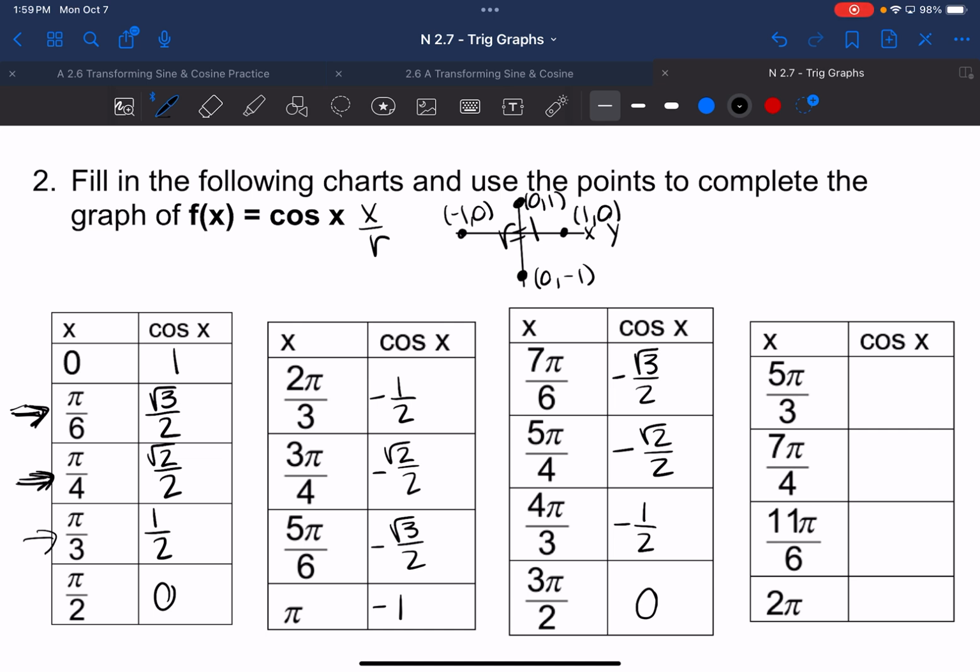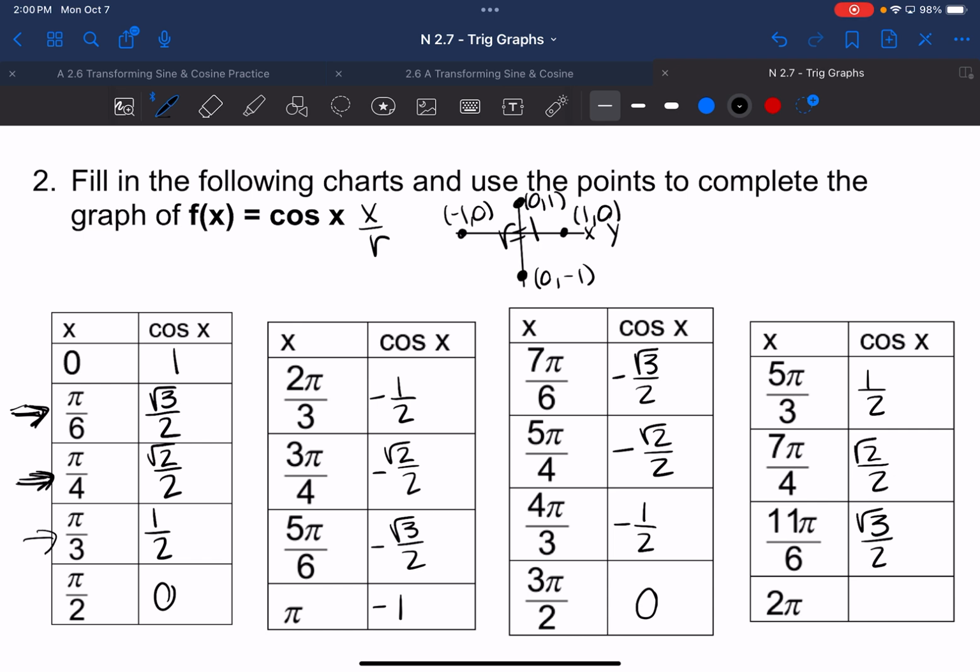Okay, then lastly, we've got 5 pi thirds, 7 pi fourths, 11 pi 6. All of that is in quadrant 4. And cosine is positive in quadrant 4, right? Okay, so pi thirds, what's my pi thirds ratio? A half. 7 pi fourths, what's our fourths ratio? Good. And 11 pi 6, our sixth ratio is nice.